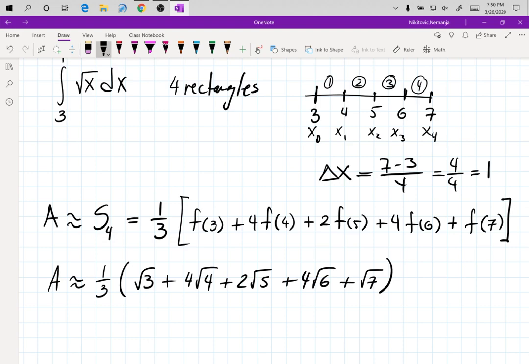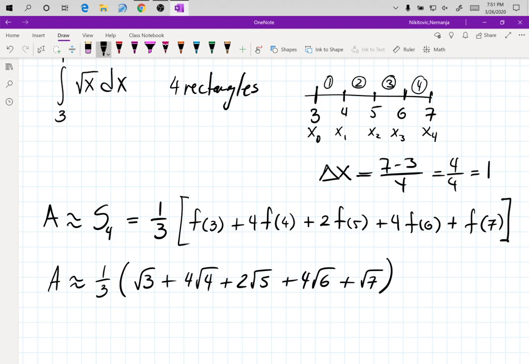Square root of 3 plus square root of 4 is 2 times this, so plus 8, plus 2 square root of 5, close parenthesis, plus 4 square root of 6, close parenthesis, plus square root of 7.